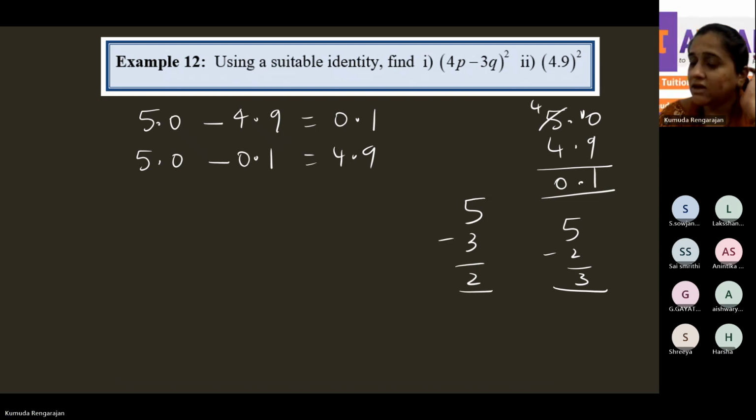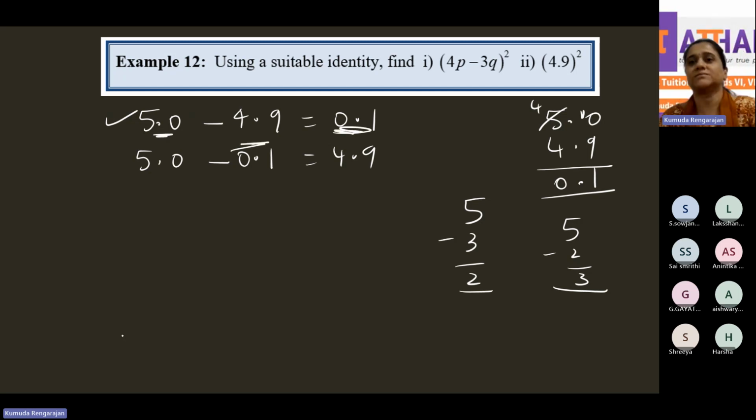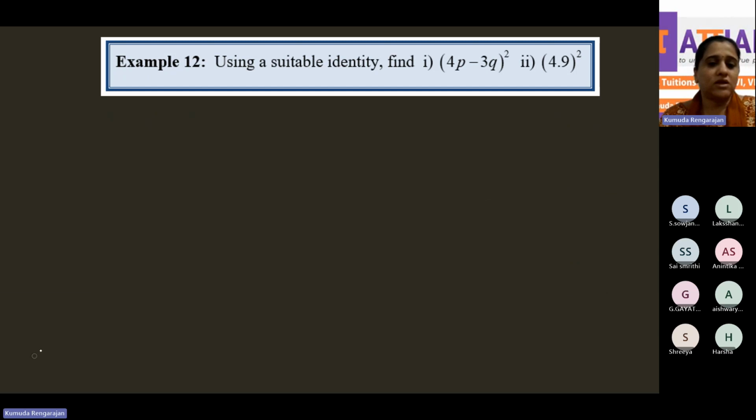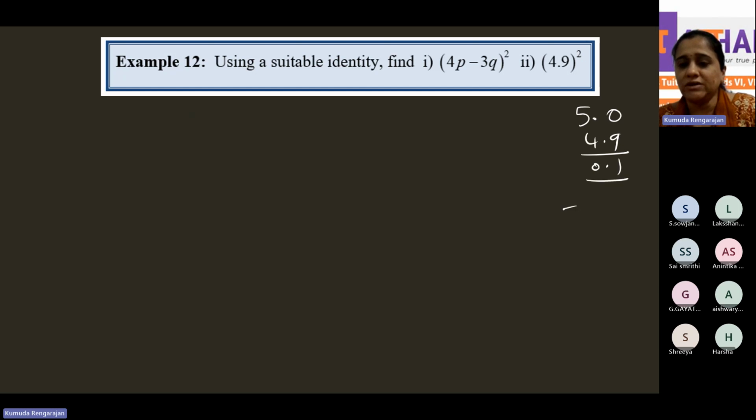So subtract 5 and 4.9, we get 0.1. So if 5.0 minus 4.9 is 0.1, it also means 5.0 minus 0.1 will be 4.9. So that's how you can find.